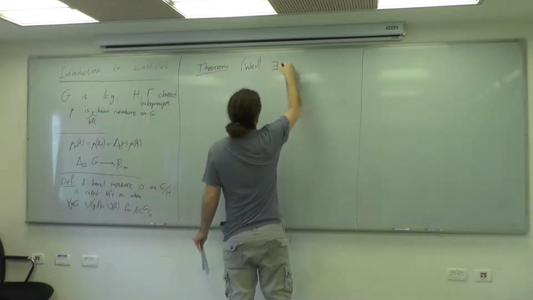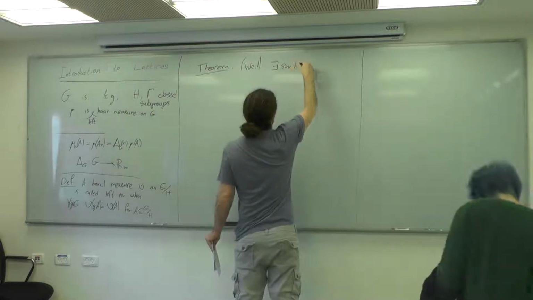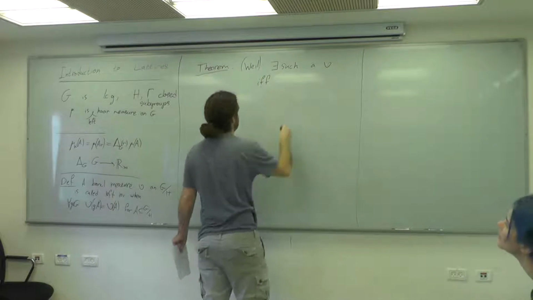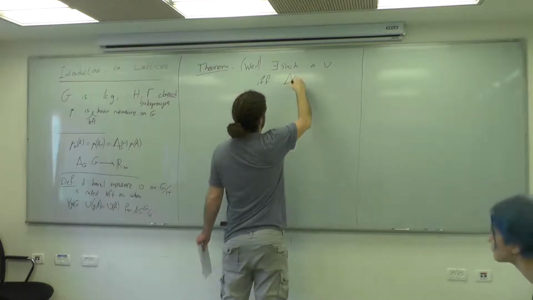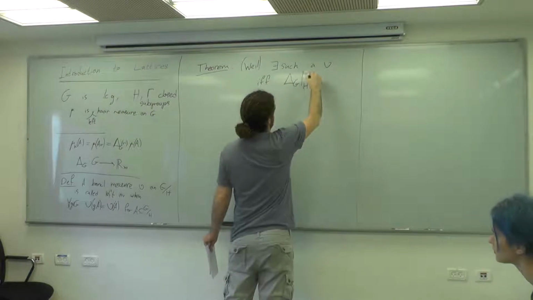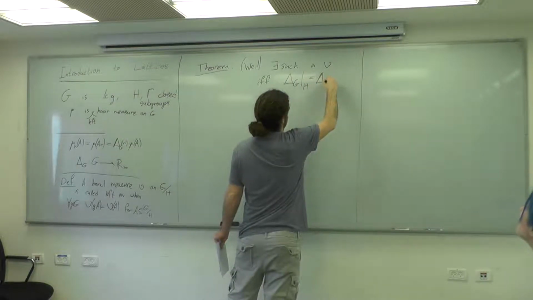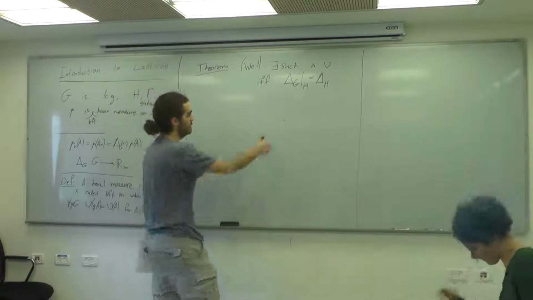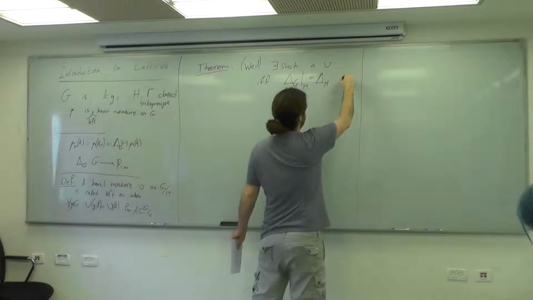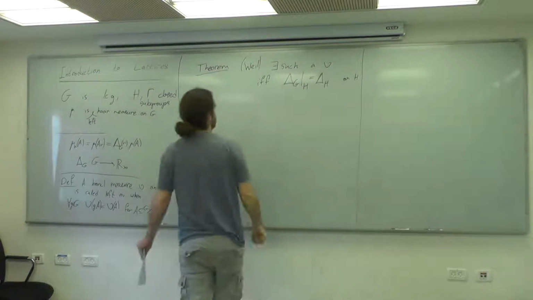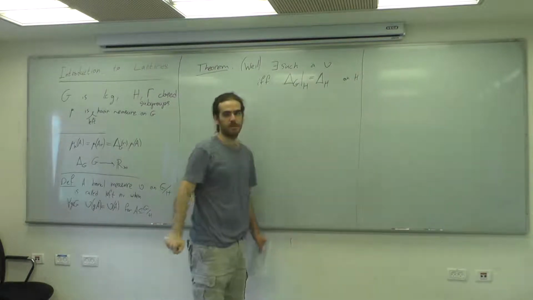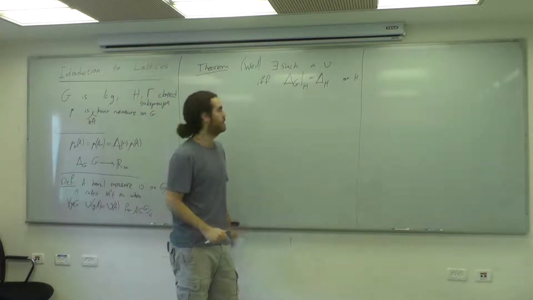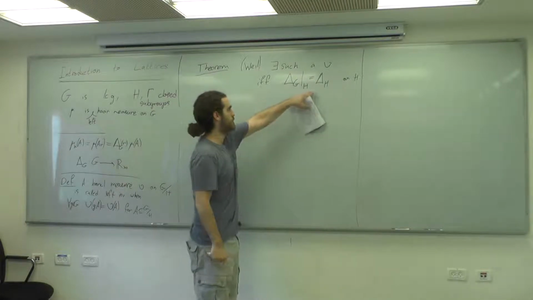There exists such a nu if and only if the restriction of the modular function of G to H is equal to the modular function of H. So H is also a group, it also has a Haar measure, it also has a modular function for a left Haar measure, and we ask that the restriction is the same.